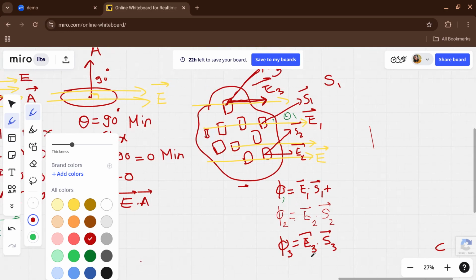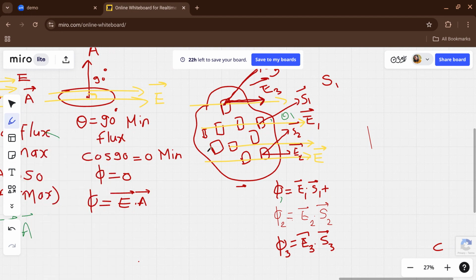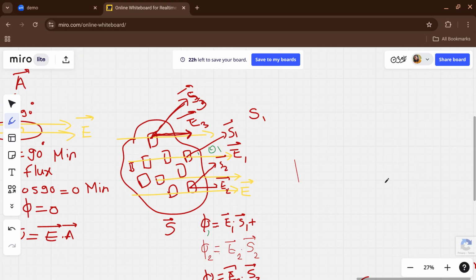So there are n number of small area elements, and for this total surface area S, we have to find out the total flux. For finite area elements, we find the flux by simply summation from the limits 1 to n, the total number of area elements. So we would use Ei bar dot Si bar.